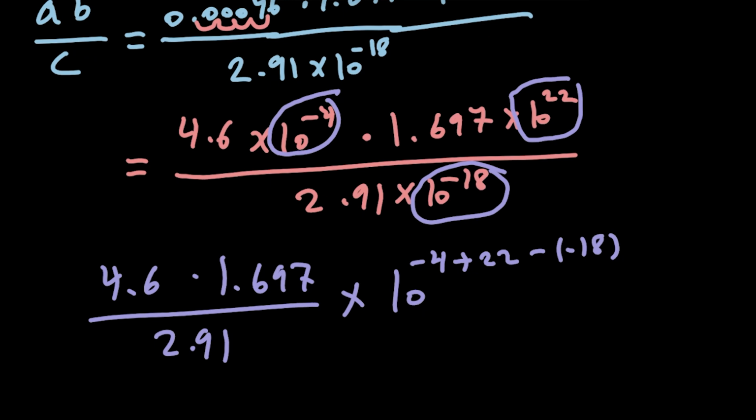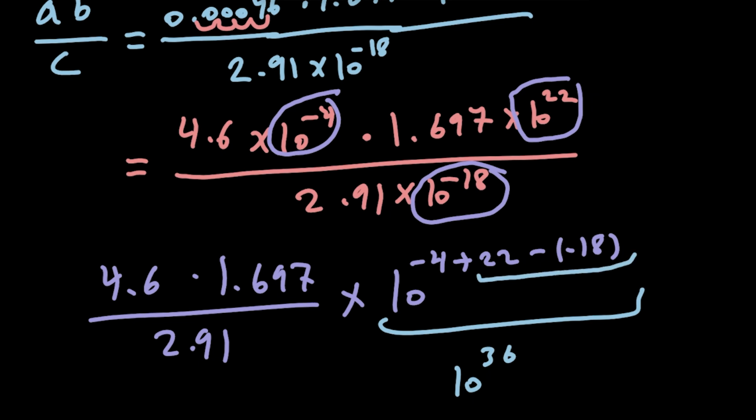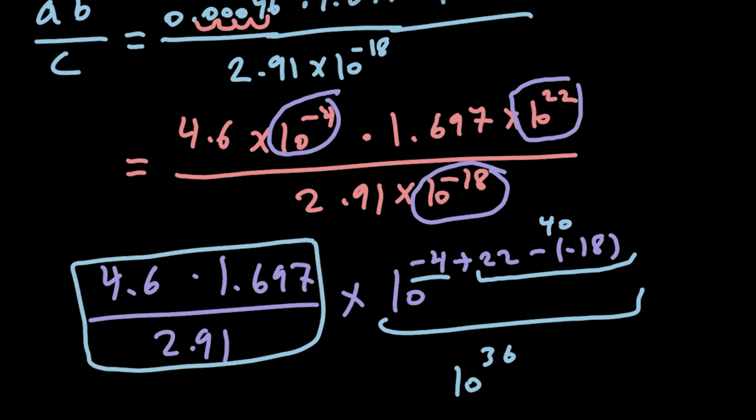For this part here, we'll get 10 to the power 36, because here we have 40 and then we are subtracting 4, so we'll have 36. And then we have to calculate this part in the calculator, so we will get 2.7, and then we'll just multiply it by 10 to the power 36. So this is the final answer.